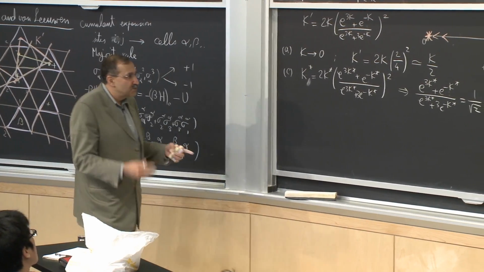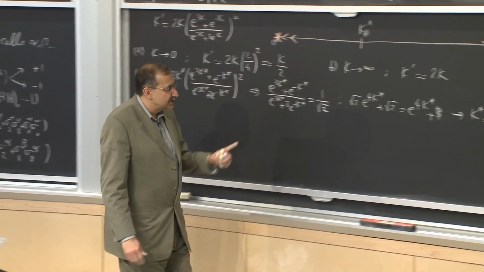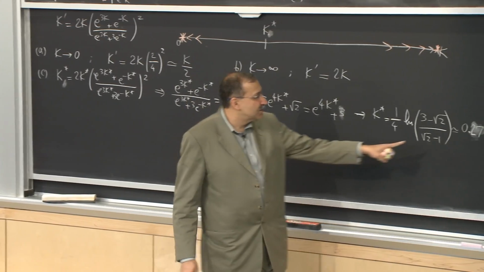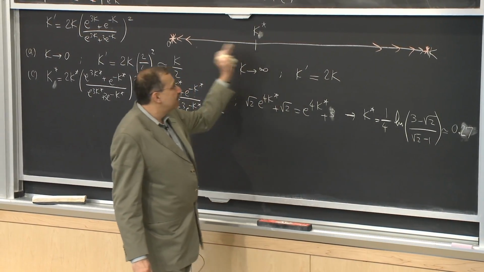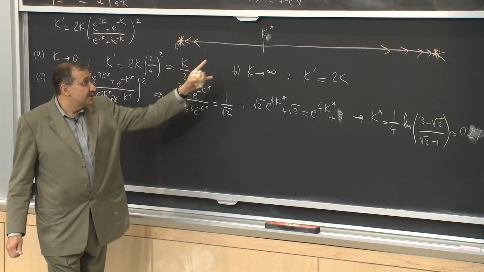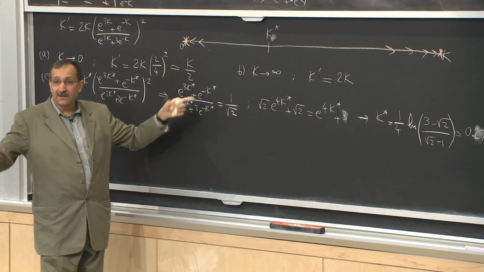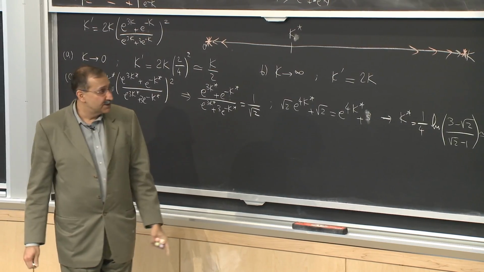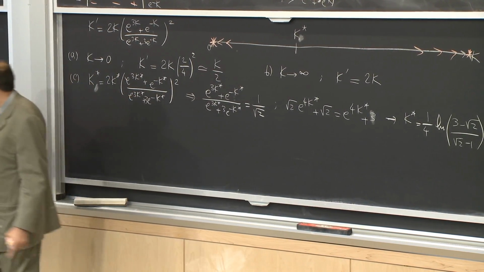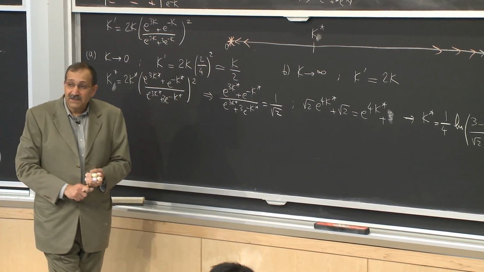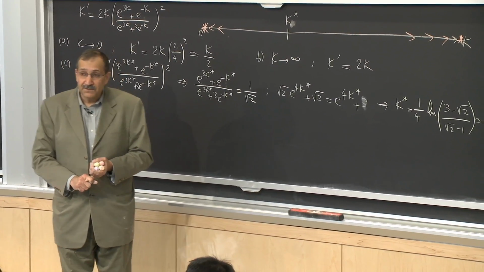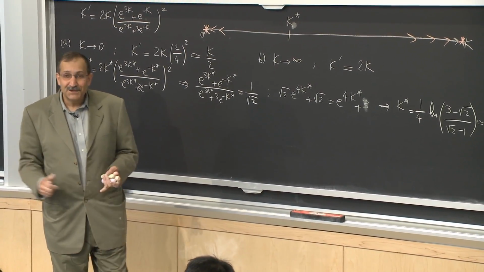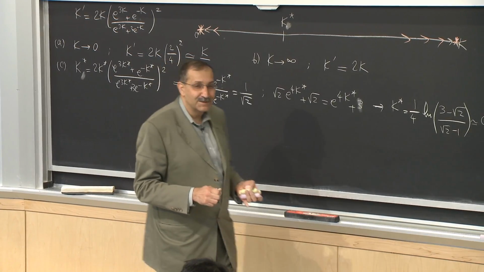But the point is, I stopped here. K star was 0.27, which is the coupling that separates places where you go to uncorrelated spins from places where you go to everything ordered together. It turns out that the triangular lattice is something that one can solve exactly. It's one of the few things, and you'll have the pleasure of solving that also in a problem set.